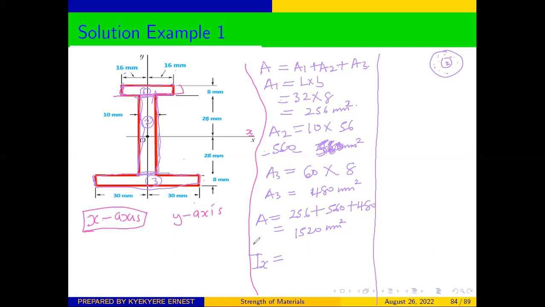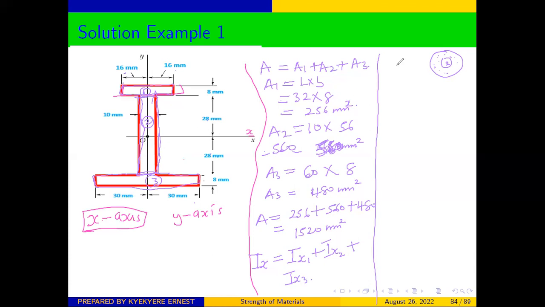We have moment of inertia of mass, but what we are doing is moment of inertia of an area, or the second moment of area, which will be equal to the second moment of area for the first section plus that of section 2, plus that of the third section, which is section 3. So we need to determine the moment of inertia for each of the parts separately.